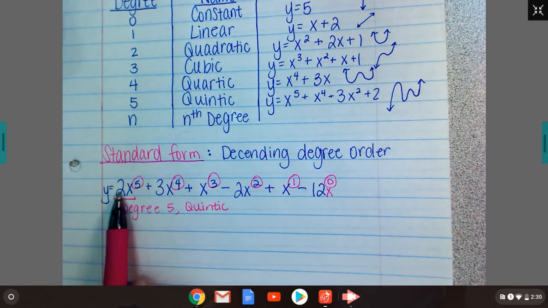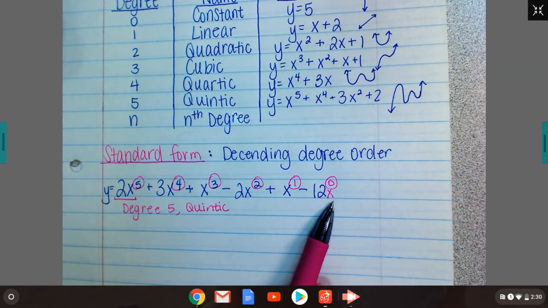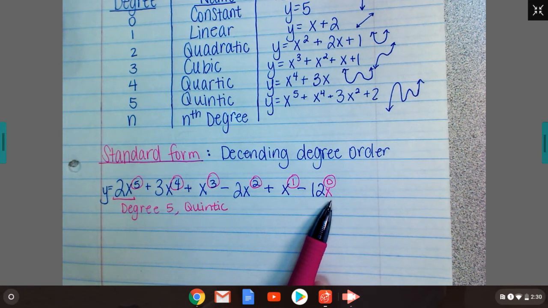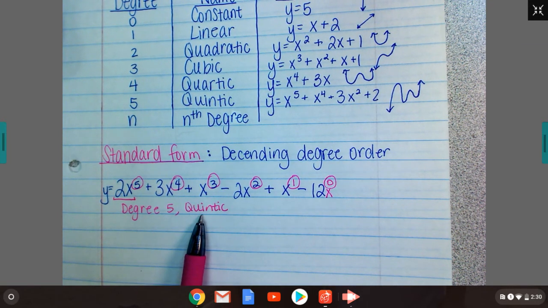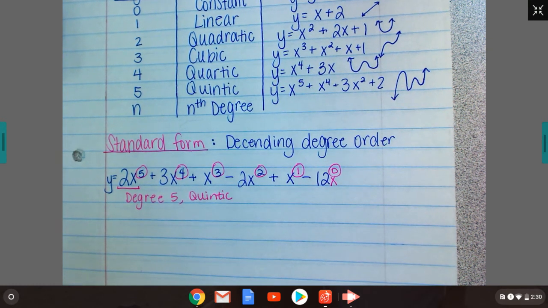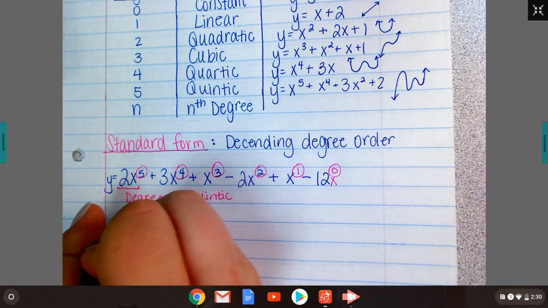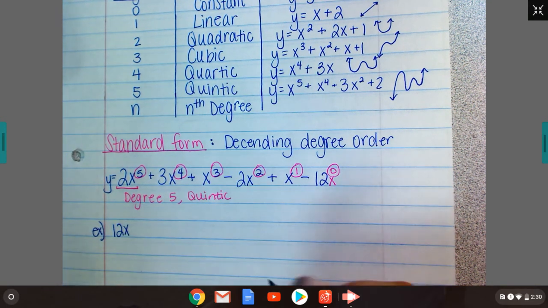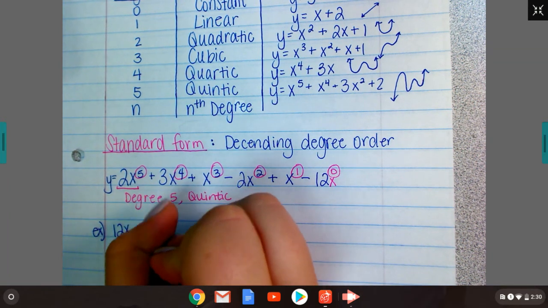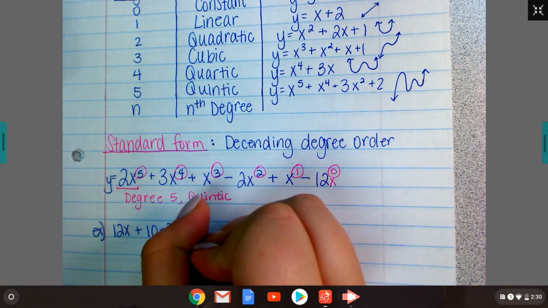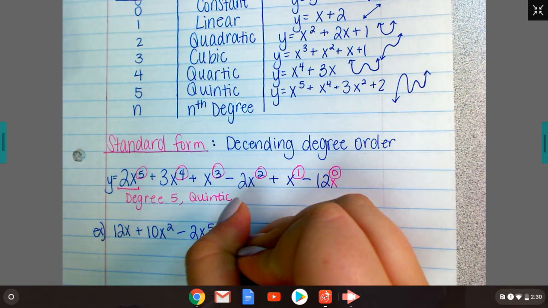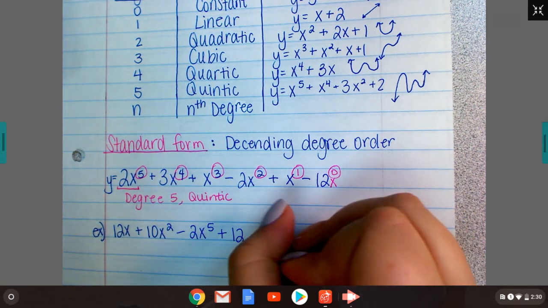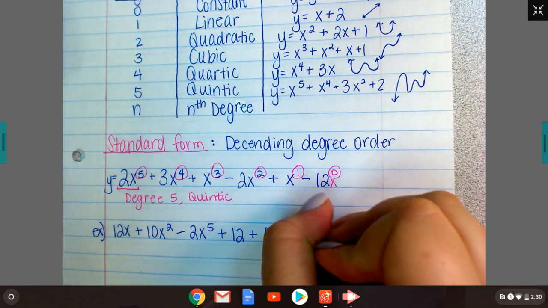So you should be able to take any polynomial, put it into descending order, and tell the degree and the type of it. If you get one that's not in standard form yet, you have to move things around. So say you had one that looked like this, 12x plus 10x squared minus 2x to the 5th plus 12 plus 10x cubed.